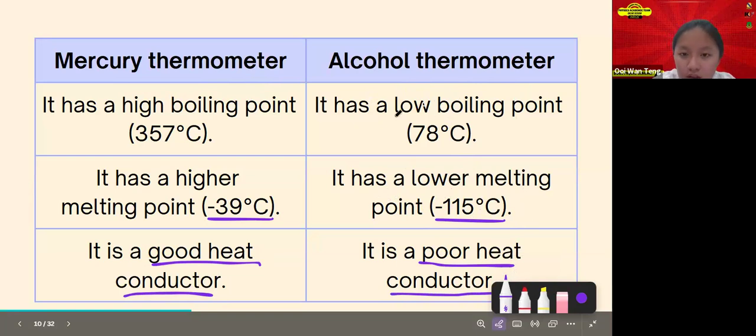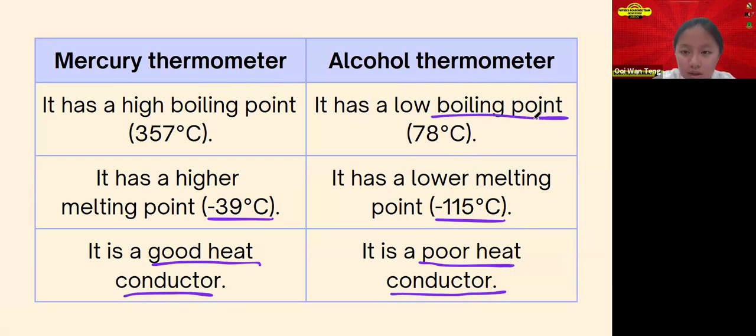The alcohol thermometer has a lower boiling point, which is 78 degrees Celsius. It means that it cannot measure a higher temperature compared to the mercury thermometer, which has a higher boiling point. And for the lower melting point, the alcohol thermometer can measure a lower temperature compared to the mercury thermometer.